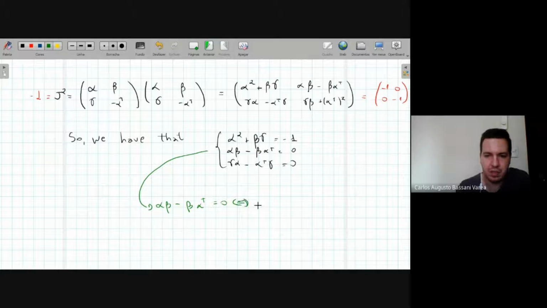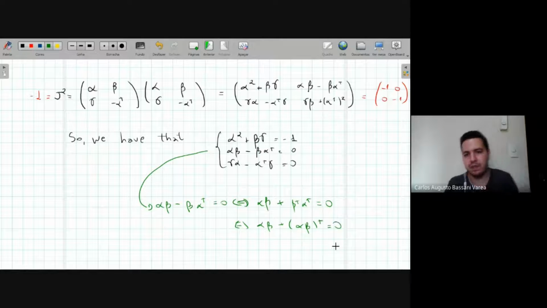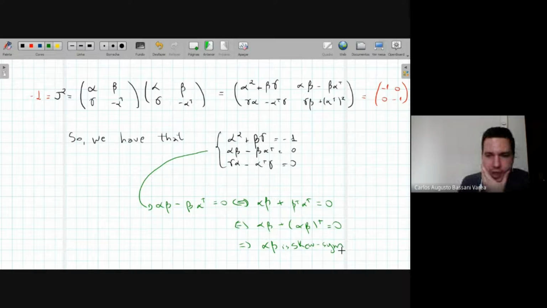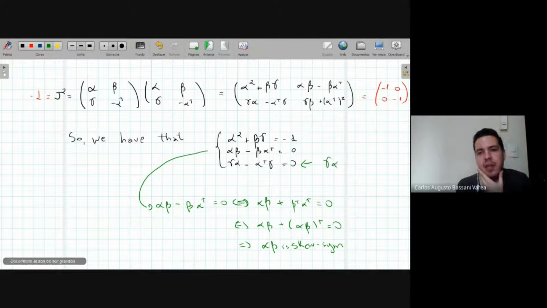So this is equivalent to saying that alpha beta plus beta transposed alpha transposed equals 0, which, using the property of the transpose, means that alpha beta is skew symmetric. And if you do the same on the other expression, we obtain that gamma alpha is also skew symmetric. Okay?